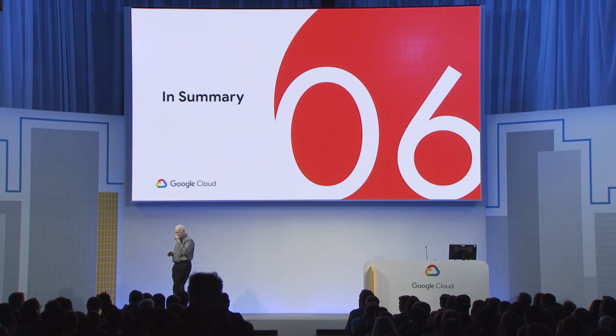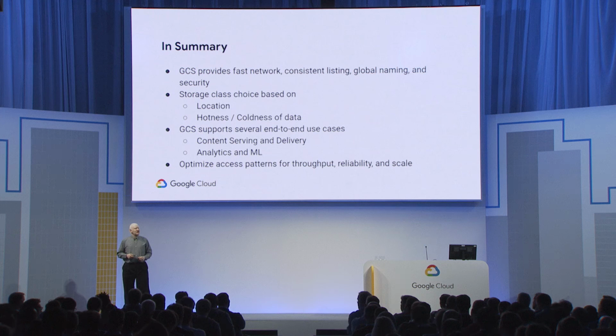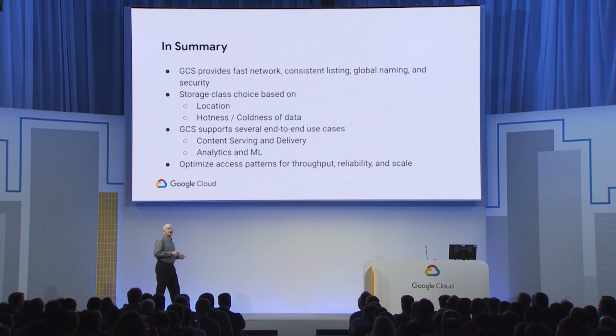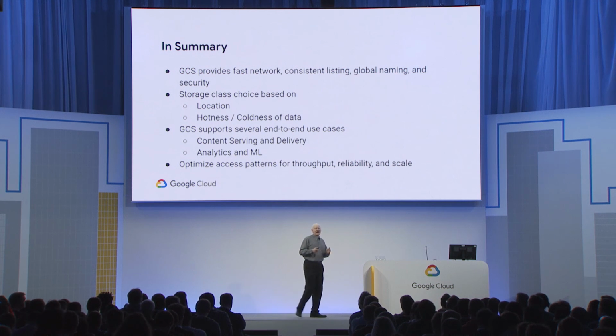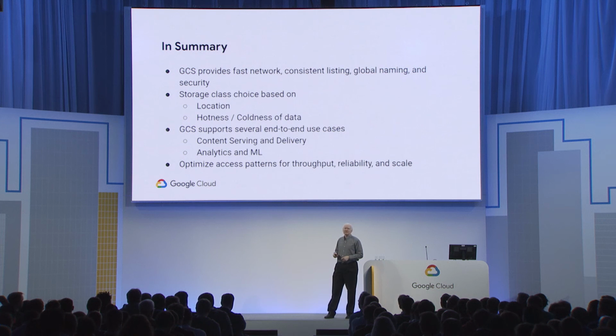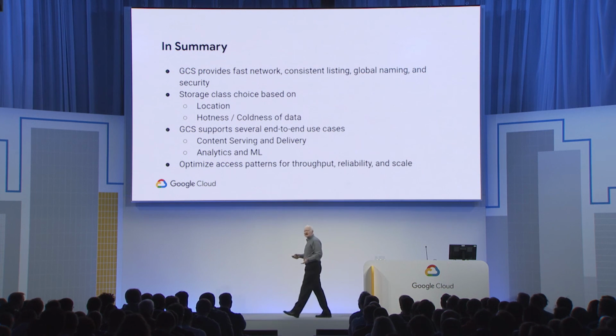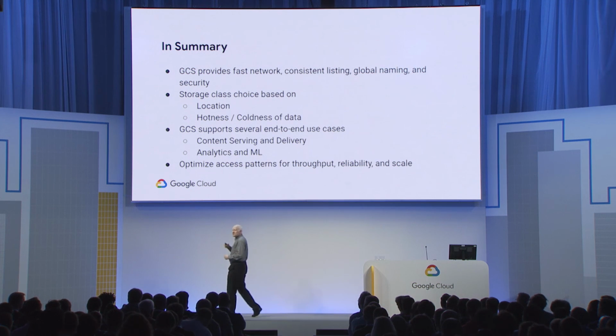We've talked about a lot of different things today. We've talked about the fact that GCS is very well suited for a variety of different workloads, whether it's content serving and delivery, analytics, or archival. We've talked about the fact that storage classes give you a lot of flexibility to really control your data based on location, based on performance characteristics, based on hotness and coldness.